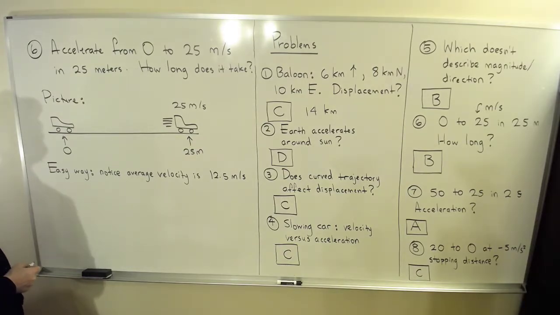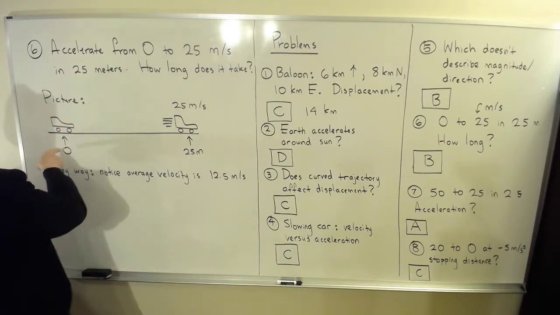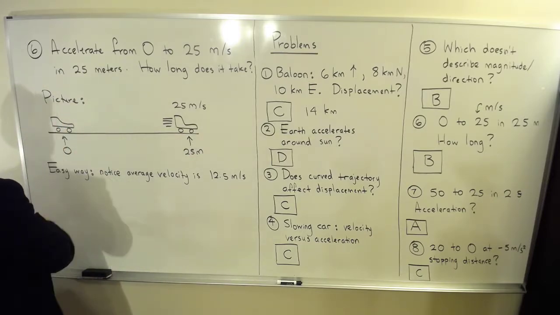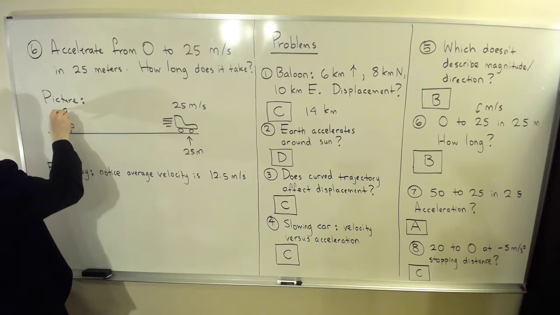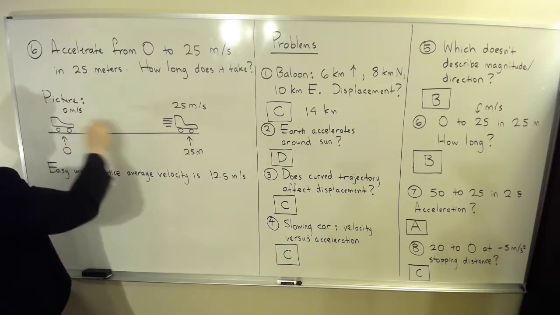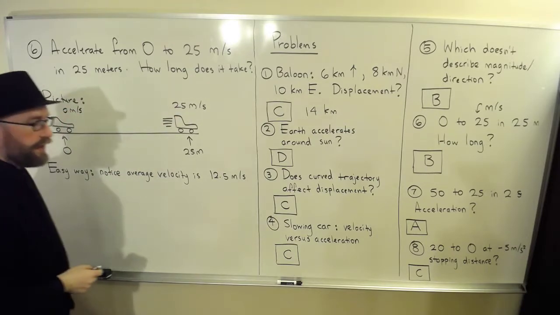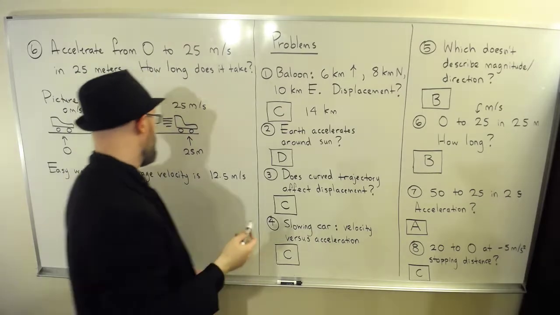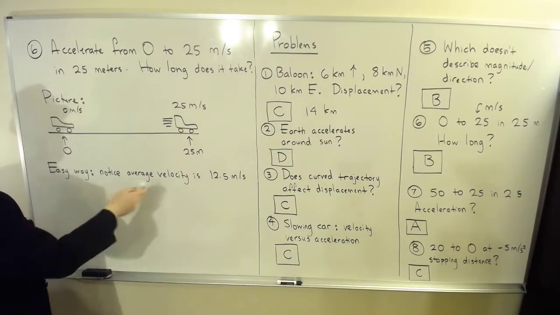Now this is assuming that the acceleration is constant. If you have a constant acceleration starting out at 0 meters per second and accelerating constantly to 25 meters per second, well, your average velocity is going to be 12.5 meters per second.